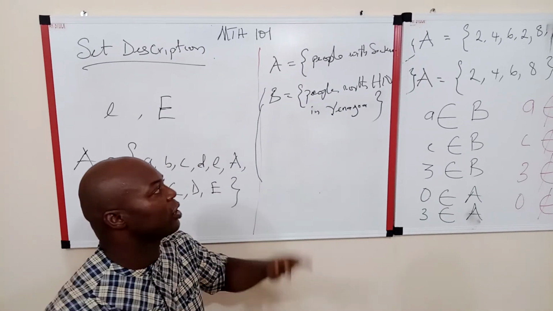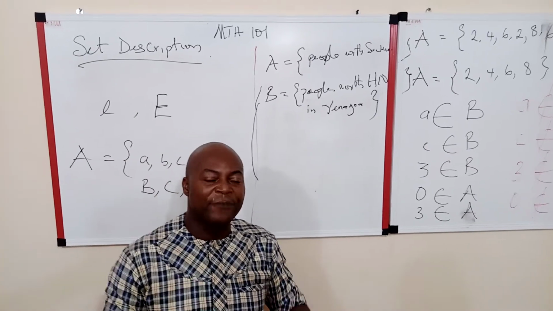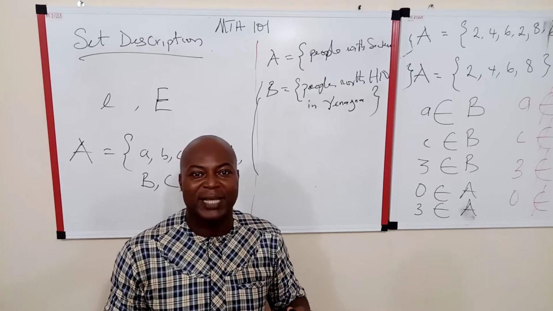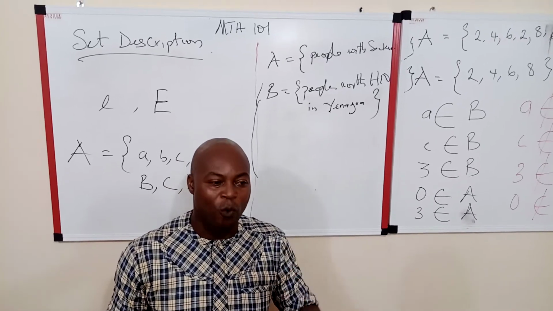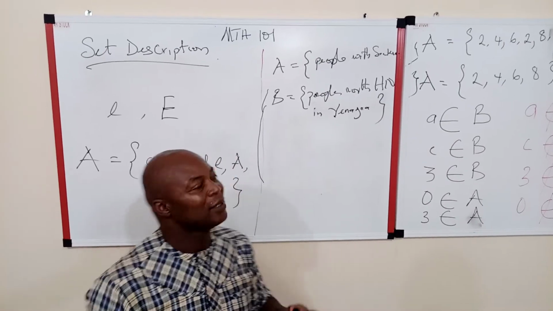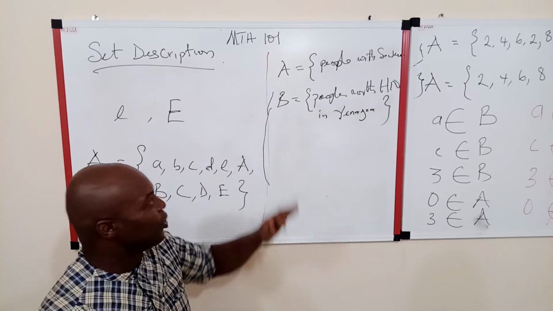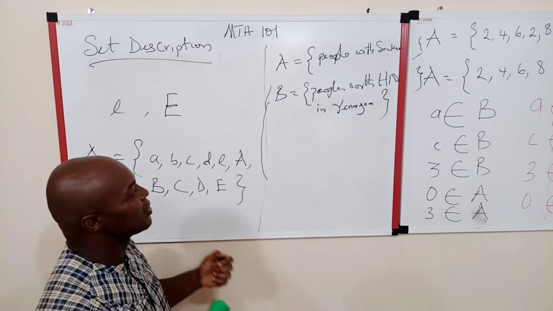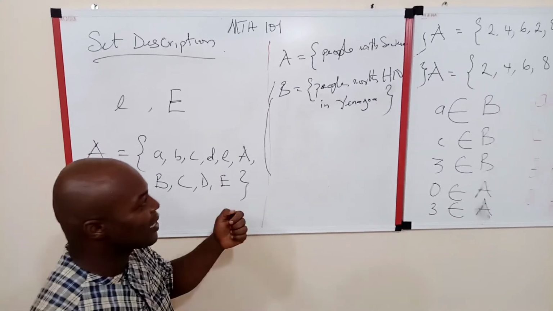So in set theory, what we are saying is that every given information must not be vague. It must be precise and also well defined. With this, I know you have gotten a better understanding of what set description and set notation are.